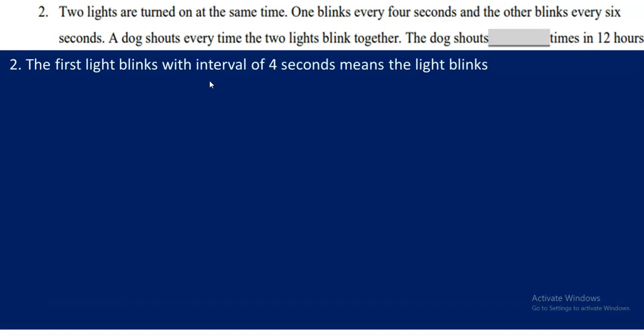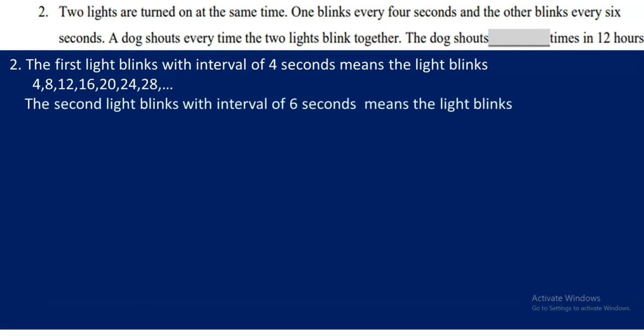The first light blinks with an interval of 4 seconds. This means the light blinks at 4 seconds, 8 seconds, 12 seconds, 16 seconds, a matter of adding 4 on the preceding numbers. At each of these numbers, the first light blinks. And the second light blinks with an interval of 6 seconds.